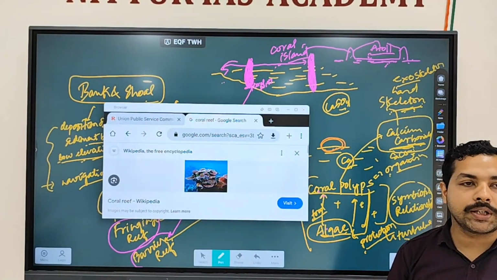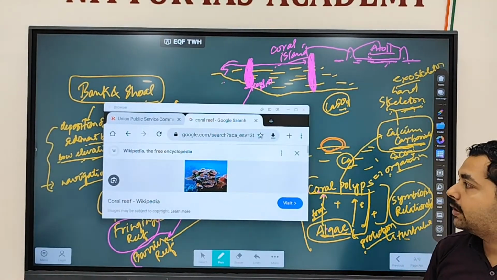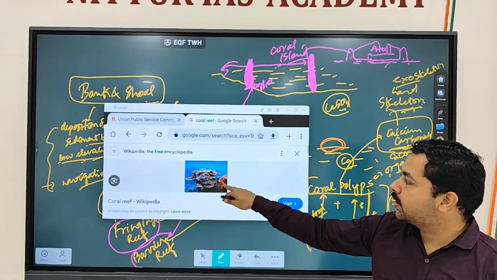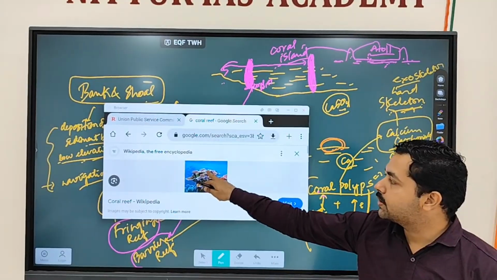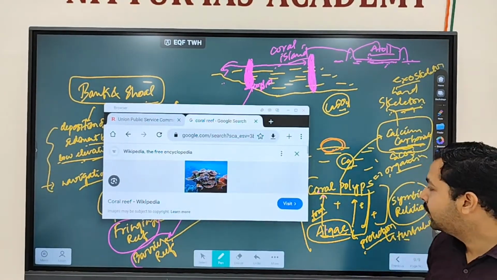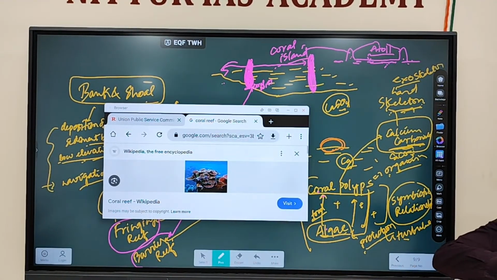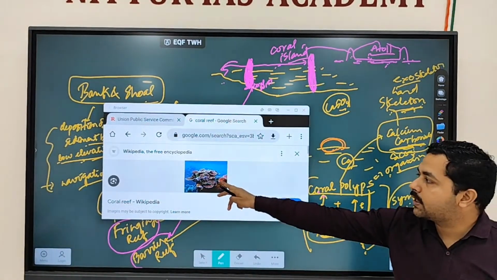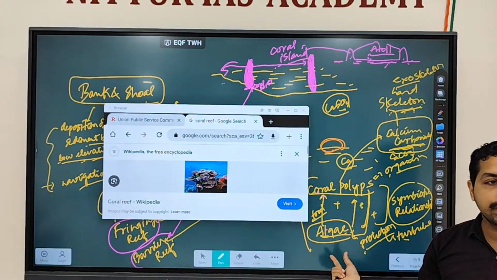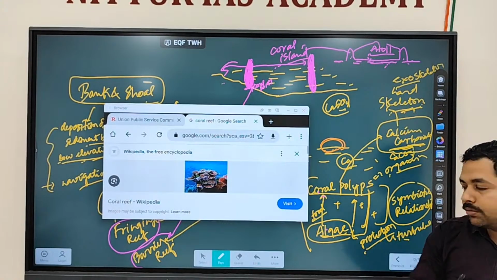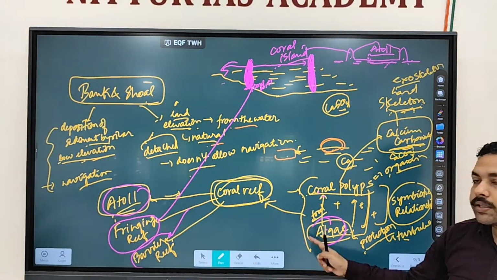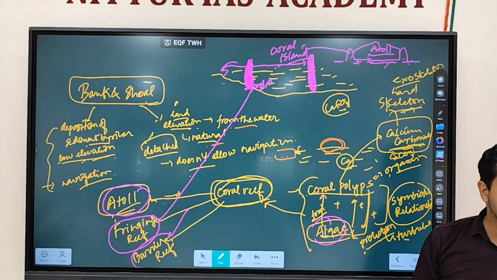You can see a lot of colors, no? Why are these colors there? You can see this orange color and different colors that are present. These colors are due to the presence of which one? Algae, because algae are attached onto the surface. We discussed this hard skeleton provides protection to the algae. So the colors come from algae. Clear?